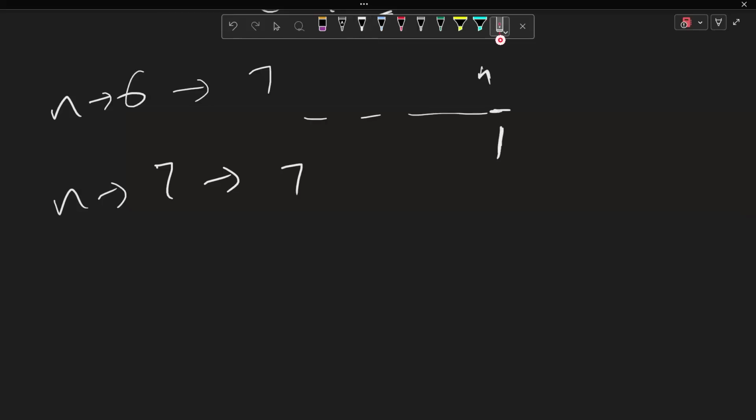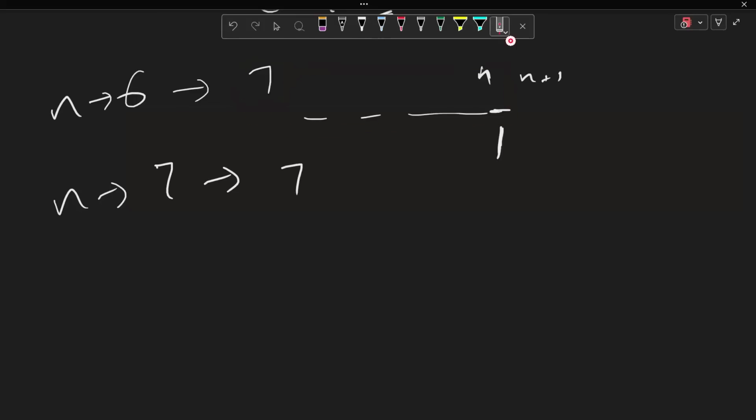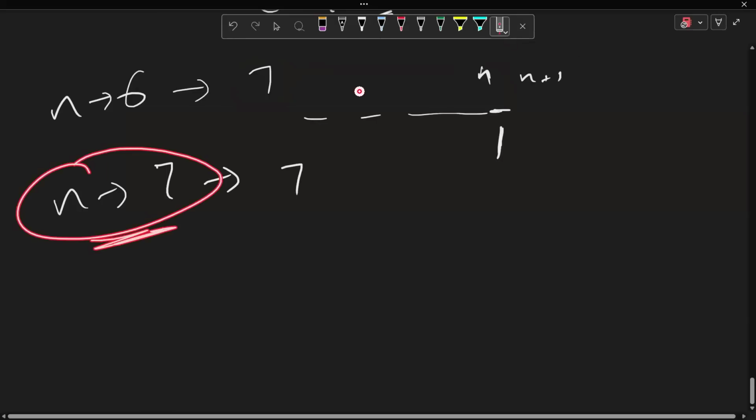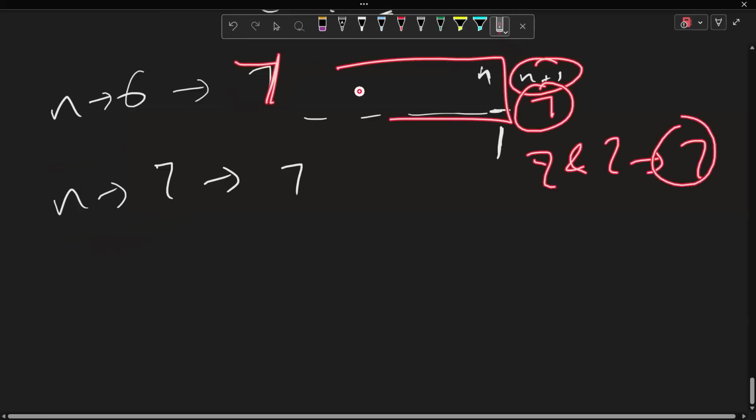Now if you know that for the even case till here you can always get a number with all the bits set, then at n plus 1, where n is even, if you want to calculate the answer for n plus 1, n was 6 here, so for 6 if you can get a 7, and in n plus 1 you keep a 7, then 7 and 7 you would get a 7.